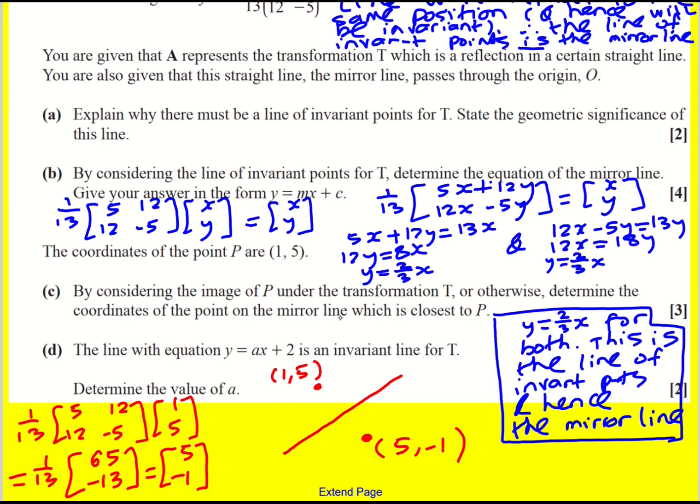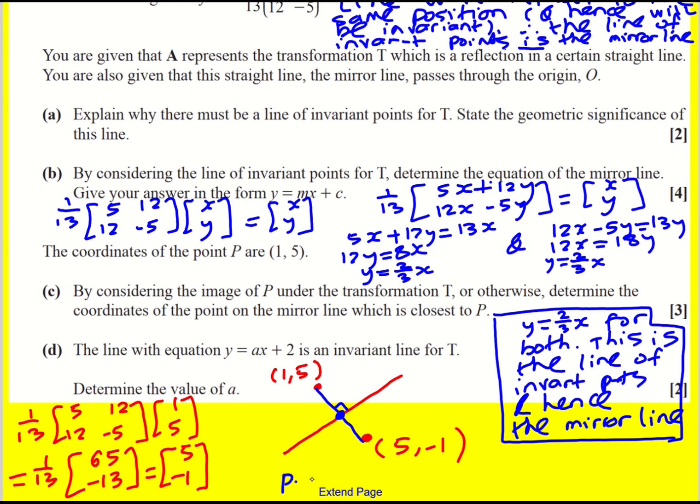So determine the coordinates of the point on the mirror line which is closest to P. Well, we know we can connect these at a right angle, and that's going to give me the point that's closest because the straightest path is going to be at a right angle rather than sort of down here. And hence it's going to be the midpoint.